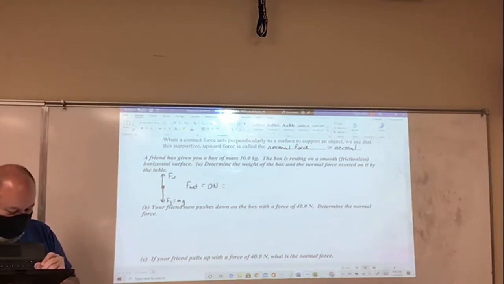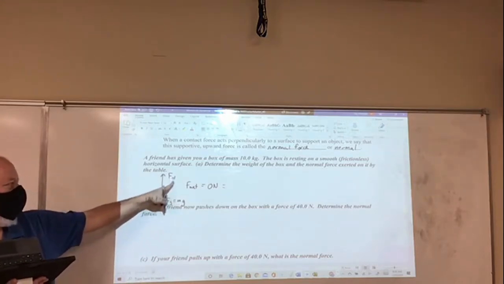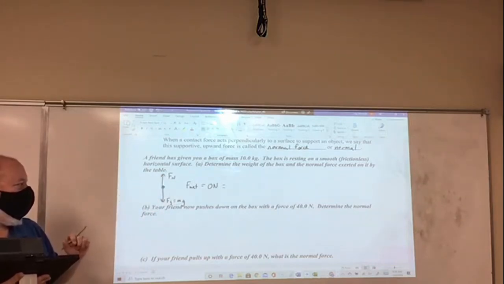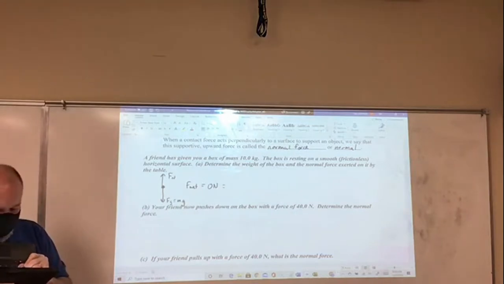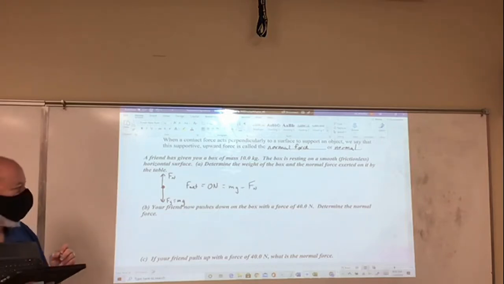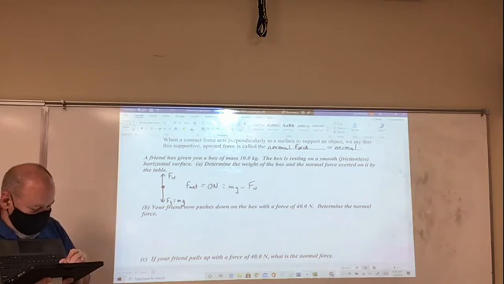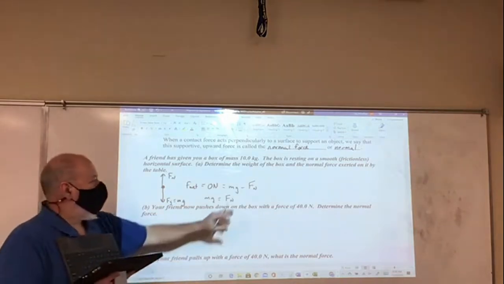And then this is going to equal, since I've got a force in the downward direction that's pulling down and a force that's balancing that pushing up, it doesn't really matter in my sum of forces which one goes first. I could say mg minus the normal force if I wanted to. And then I come up with mg equals the normal force. Okay?